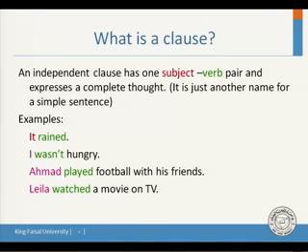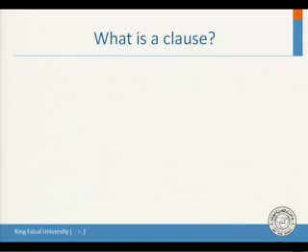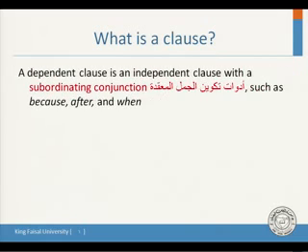Another example, Layla watched a movie on TV. Again, the independent clauses. They can stand alone. They don't need help. They are not like babies or children. They can stand alone. Now the other type is the dependent clause. And what is a dependent clause?